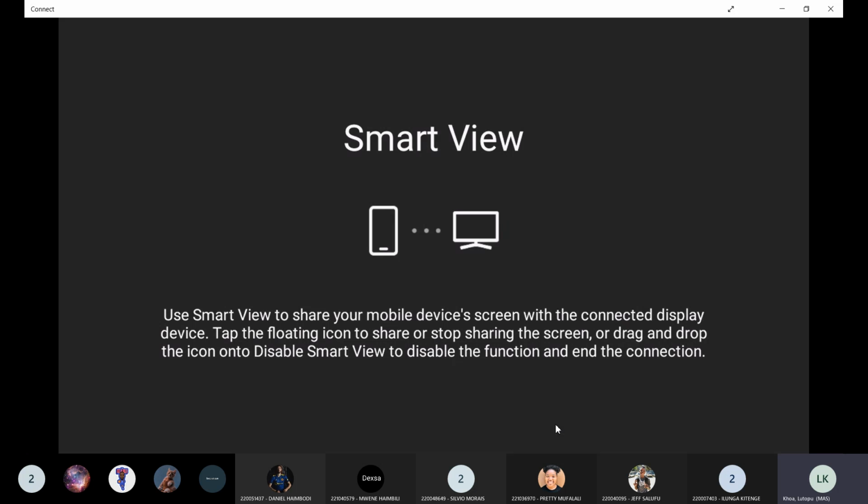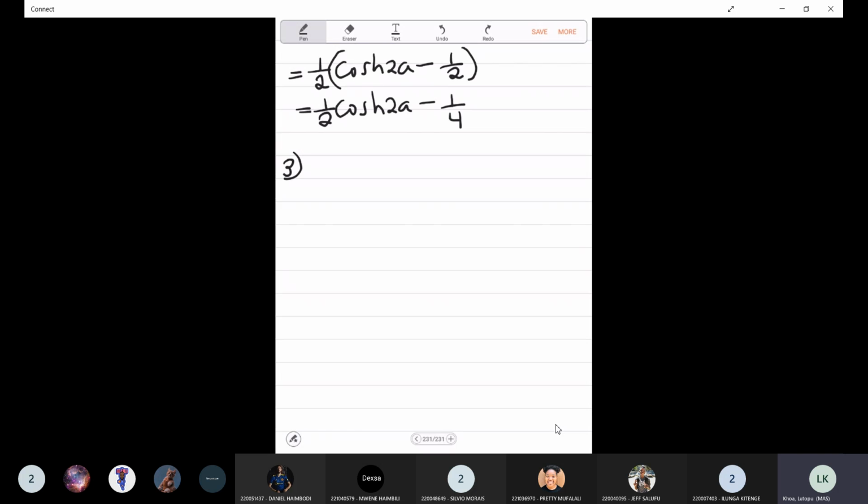Number 3, oh goodness. Okay, number 3, we have the integral of hyperbolic sine of the square root of x over the square root of x dx. We look at the square root of x, its derivative is 1 over 2 square root of x. The 2 square root of x is in the denominator, so there's a 2 missing here.